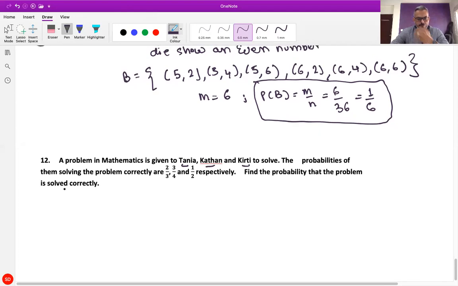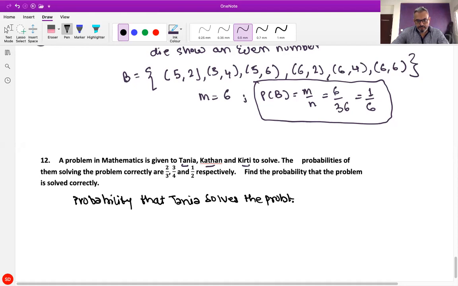Now, probability that Tanya solves the problem is equal to P of A, which is equal to 2 by 3.